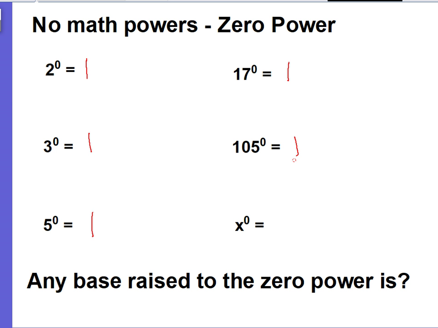Even x raised to the 0 power is going to be 1. That's a rule you just have to learn and run with. It makes your math easier, so why argue with it? Any base raised to the 0 power is 1. If that exponent is a 0, the answer is going to be 1.